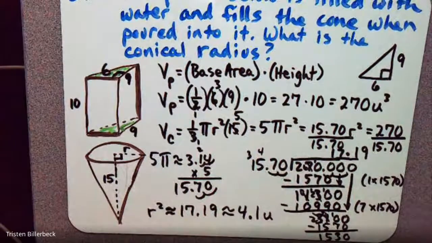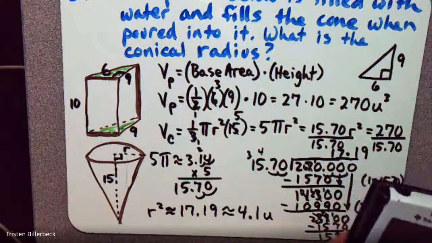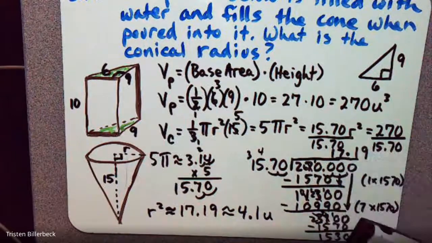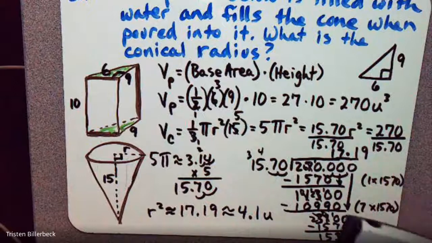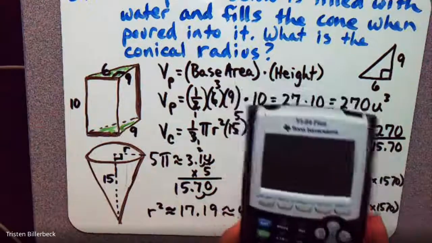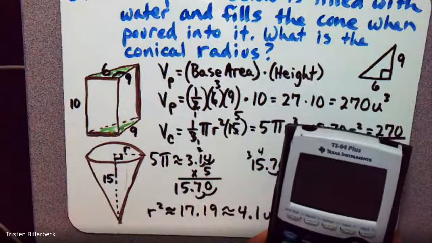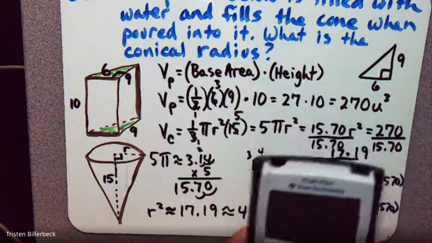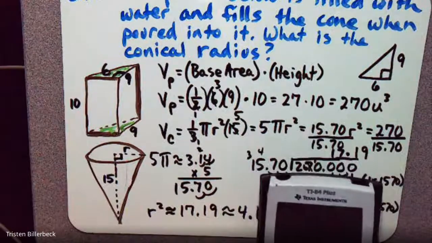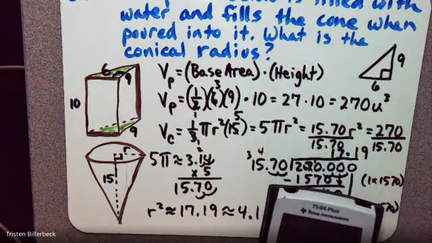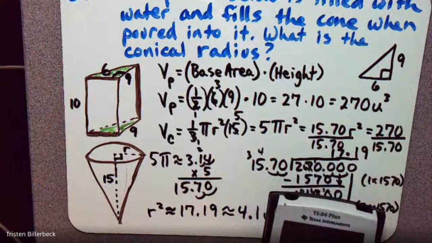And let's try this out with a real calculator and see how we did. Okay. All right, so from here we had 5 pi. So 5 times pi, there you go, is 15.7079.